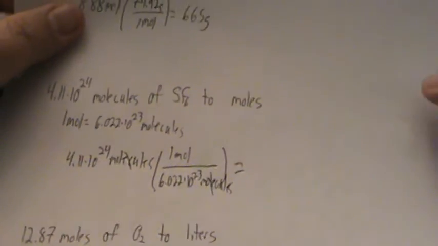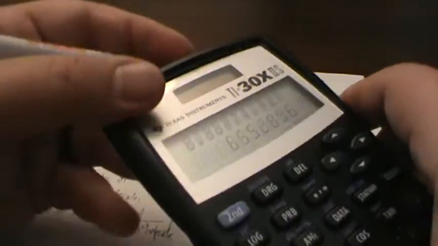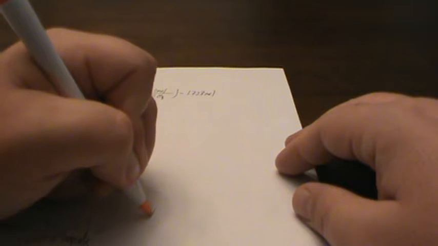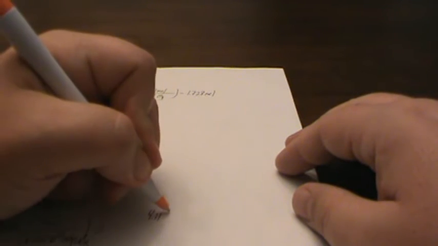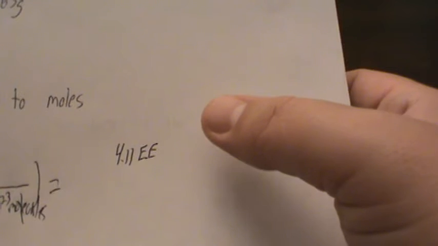Alright, so now how do we put this into our calculator? If you have one of these calculators, the way you do it is, I'll put over here to the side. We're going to take 4.11, and there's a function, and the symbol for that function is EE. And it might be right above a button, so if it's right above a button, then you have to hit the second function button, then EE, 24.